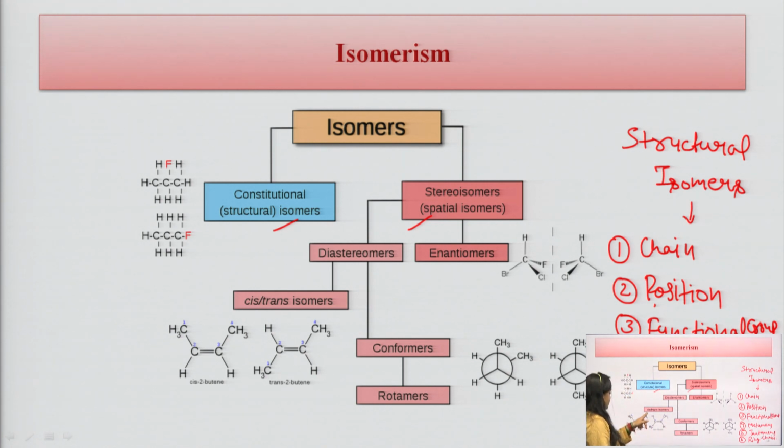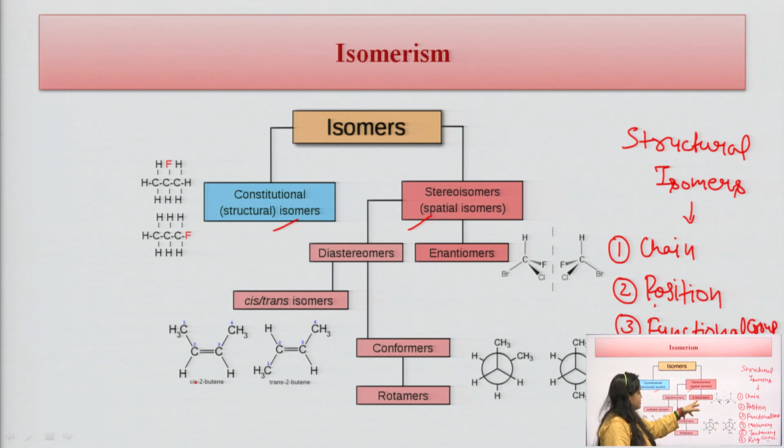So, for an example of cis-trans isomerism, the double bond is very important, and the movement of the double bond is restricted in geometrical isomerism. So, this is the cis form, this is the trans form. Okay. Now, these are examples of conformers and rotamers.